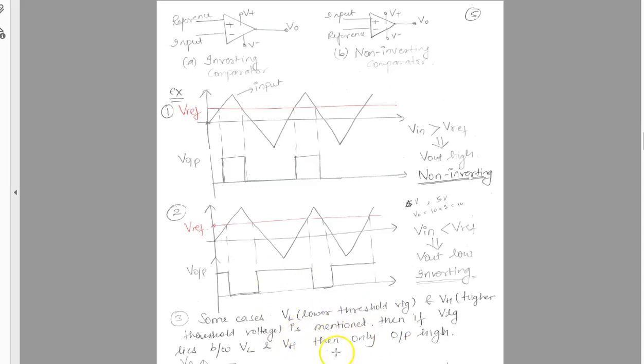If you implement this particular case, that comparator is basically called a window comparator, because you create an input window, and at the output you're getting the signal between the lower threshold and the higher threshold.